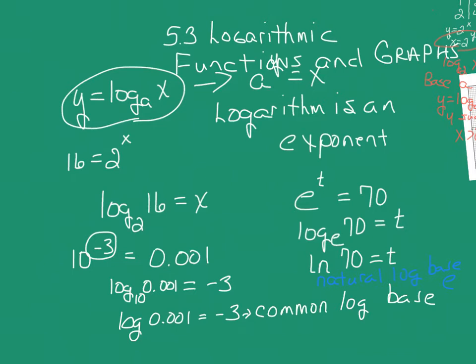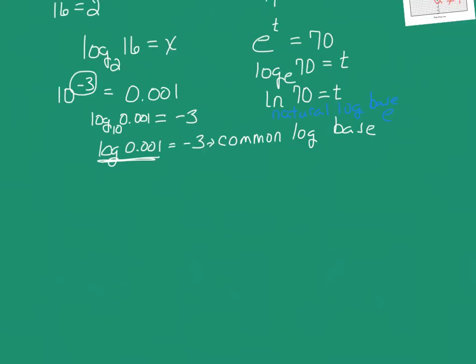So on your calculator, you have the log, which has base 10. You also have ln, which is the natural log, which is base e. You don't have to repeat the 10 with the common log, or the e with the natural log. All right, now we converted from an exponential form of the equation to a logarithmic form.